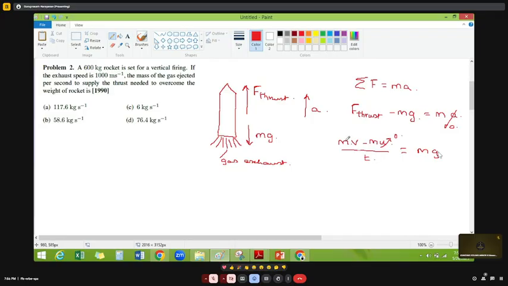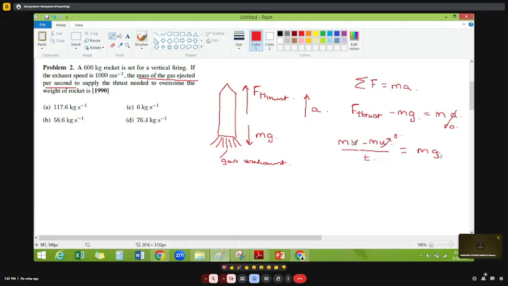The gas's exhaust speed is 1000 meters per second, so V is given, exhaust gas. m by t is the mass of the gas ejected per second, so it is pushing the gases at a certain speed.